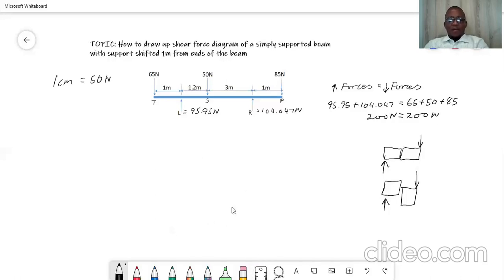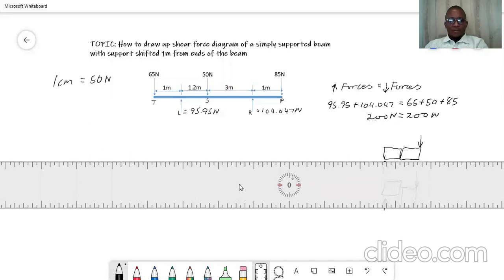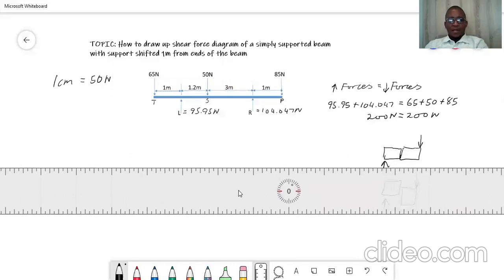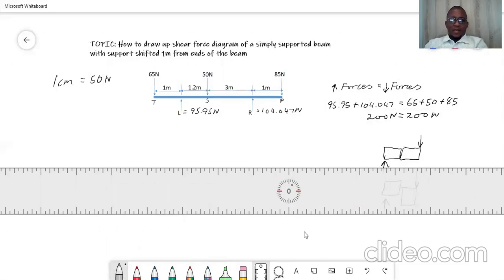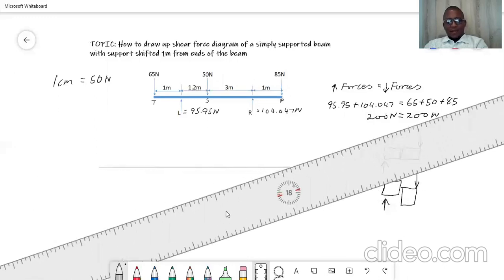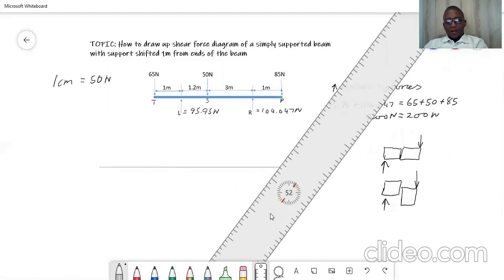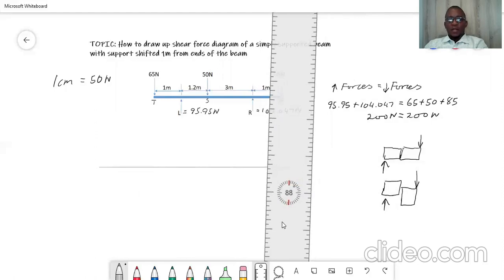Let us now prepare our Cartesian plane, the plane where we're going to show our diagram. So we're going to use this ruler to draw up everything. I'll just have my ruler like this. And because I must do construction lines first, I'll just use a different color. So let me draw the straight line here, draw the straight line there, and then I can tilt this vertically to mark my points. I just want to make sure that my diagram is going to be correct.